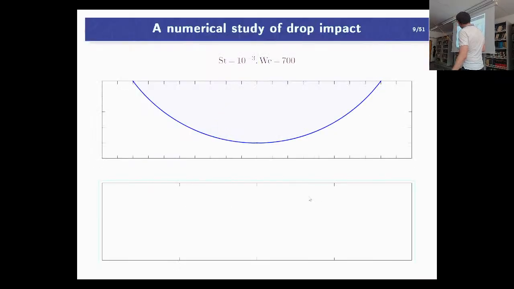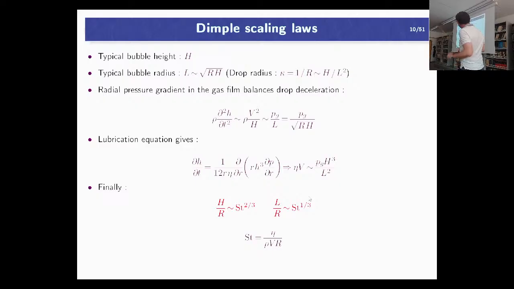Okay, so as I said, one first interesting point is the scaling of the entrapped gas bubble. To find the scaling, you have to have a look at the equations. We want to determine the typical height H of the entrapped gas bubble and the typical radius L. This scaling is just the scaling of a sphere approaching a solid.